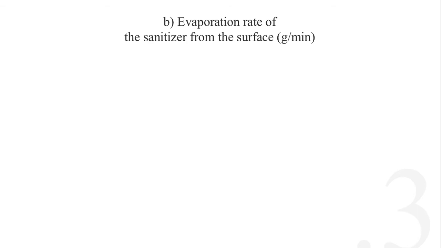For part B, here we have our general equation. We already have our Kc, but we are missing the area of the sanitizer and the concentration in the surface. Because the concentration in the bulk gas was very small, we can delete it from the equation. And we have our general equation looking like this.